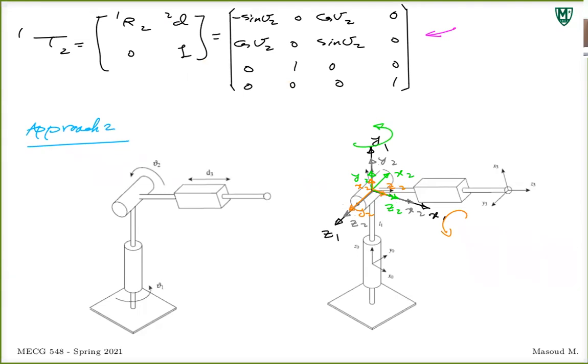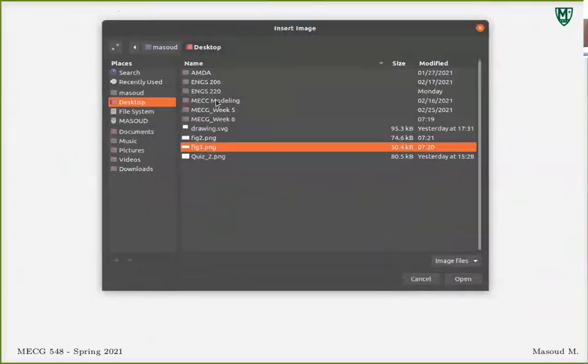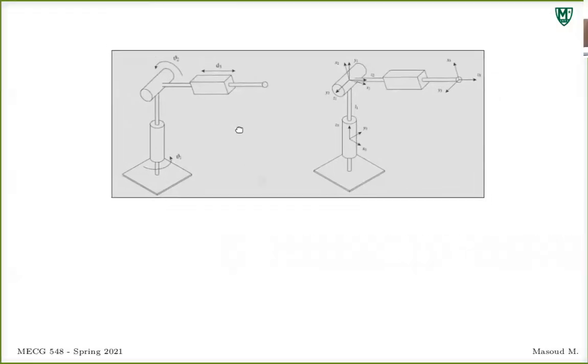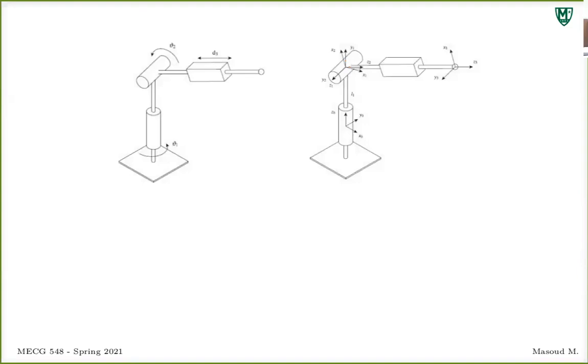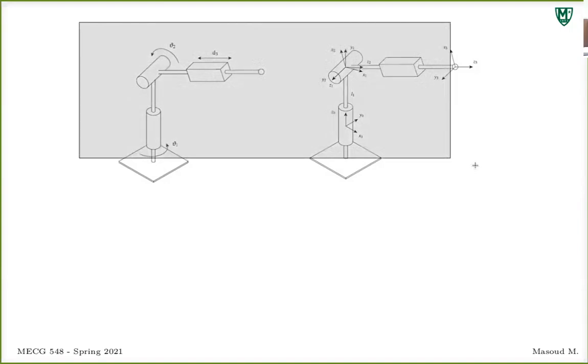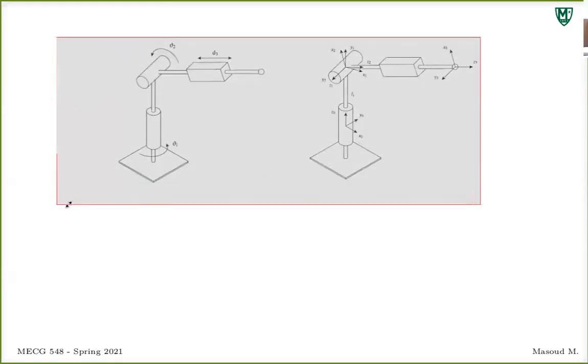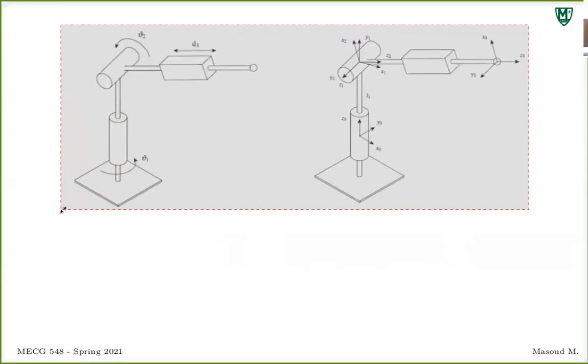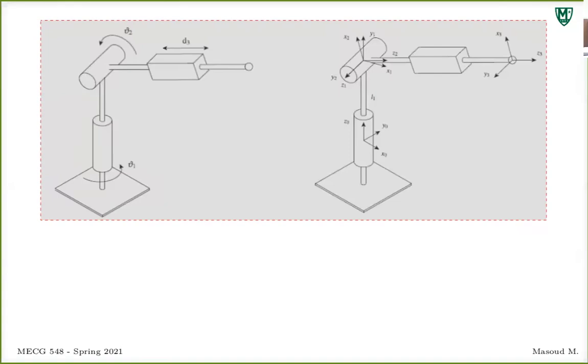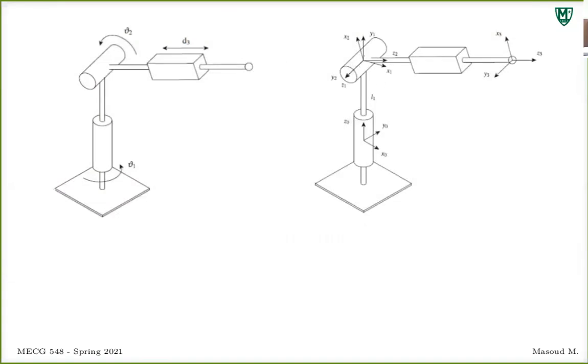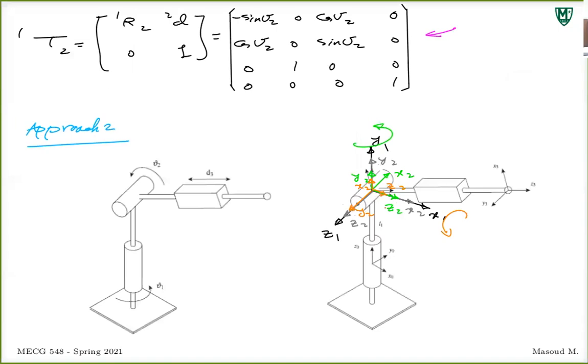Just to remind you where everything was and where I want it to be, I'll bring it here again. Compare, let me make it bigger. Almost there. There we go. So compare where x2, y2, z2 are in the final position, and where we are.